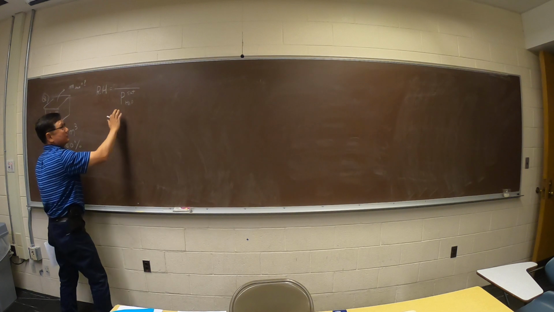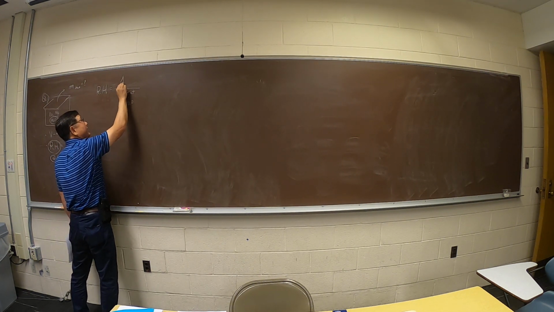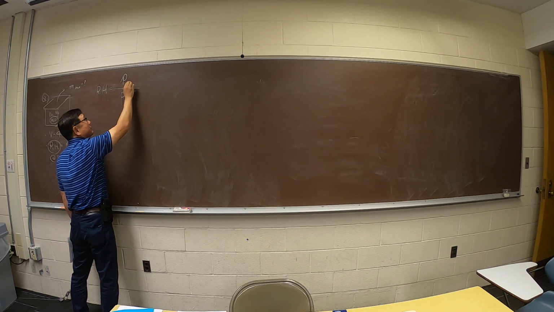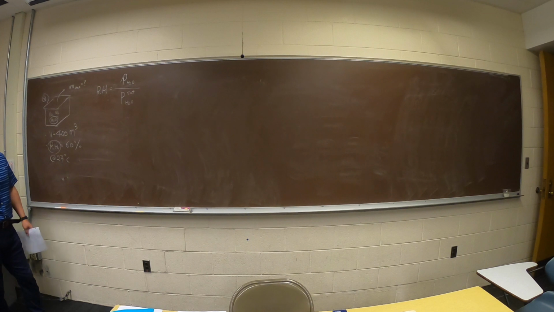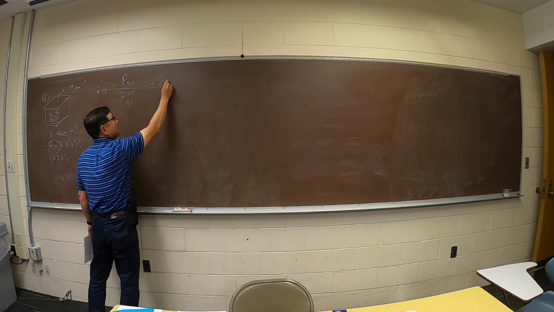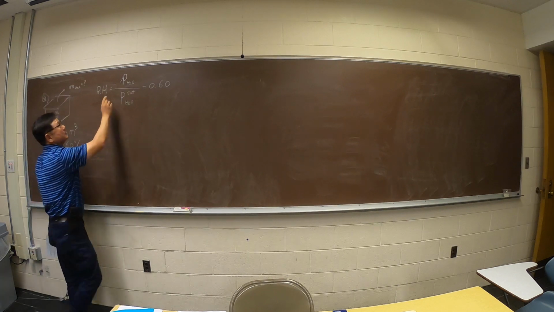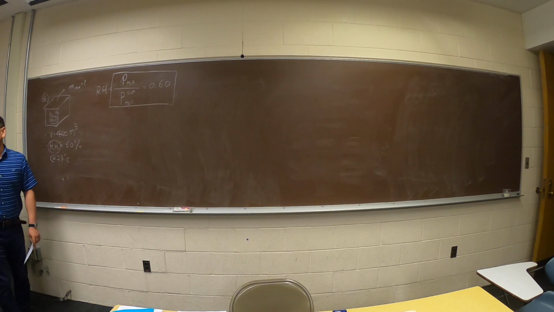So this is the saturation equilibrium vapor pressure, and the actual vapor pressure of water is the partial pressure in this relative humidity condition. So 60% is 0.60, and that's the first clue that I have.